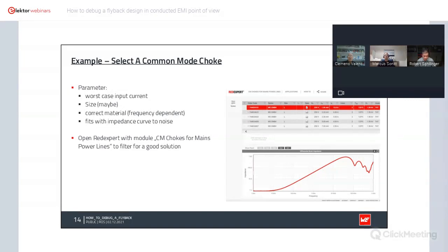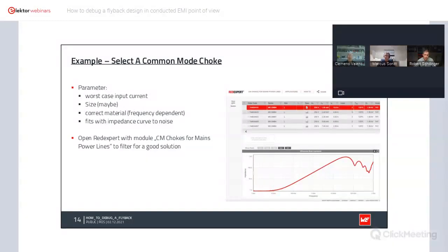I must use the correct material for the correct frequency; it's frequency dependent. To reduce the noise, you must know the frequency and the corresponding material. At the end, you look at the impedance curve of the component, and this should fit your noise. You should have a very high impedance or a high attenuation at around 10 megahertz.